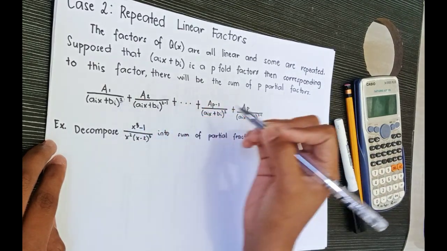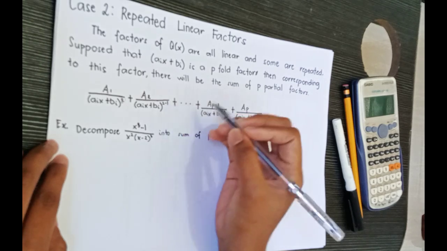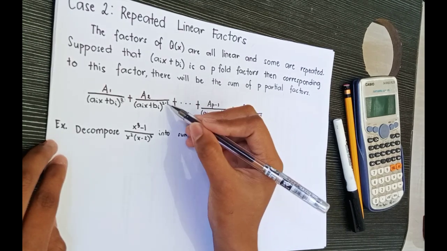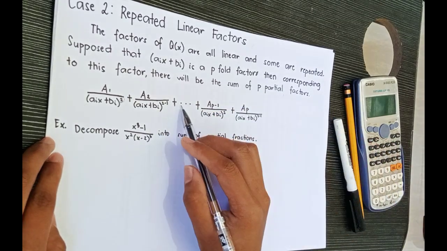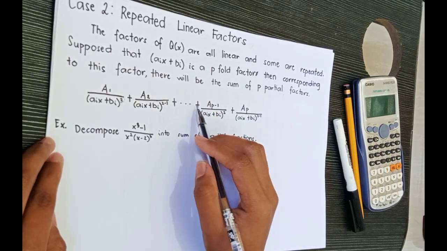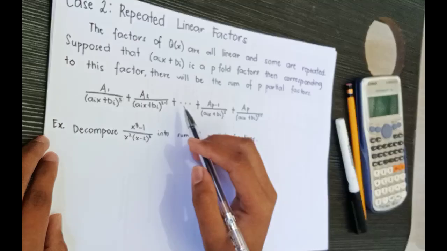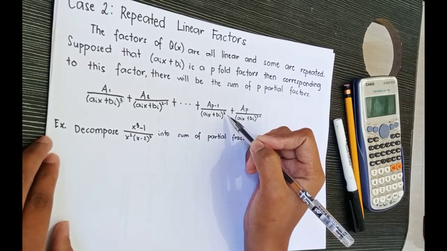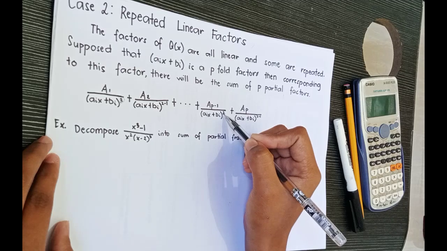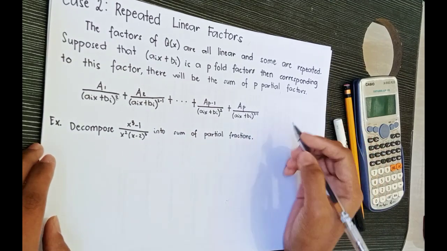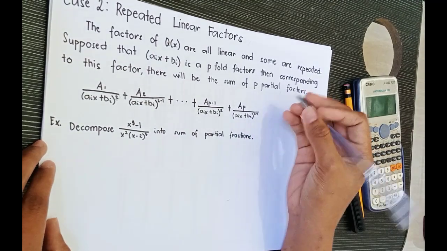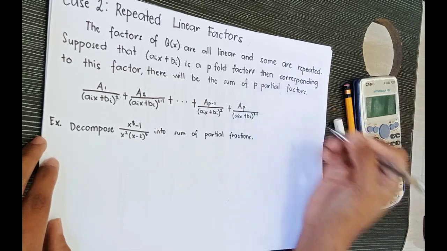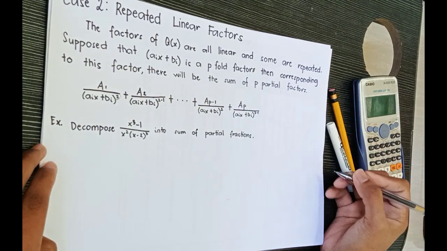Since that is 2, 2 minus 1, therefore we end there since our degree is now 1. Plus, if there are other repeated factors in our denominator, it is the same: we have to deduct 1 from the exponent until we end with the degree of 1.